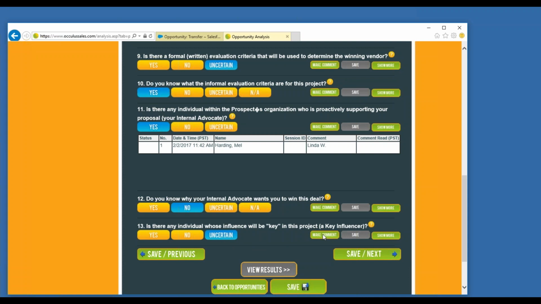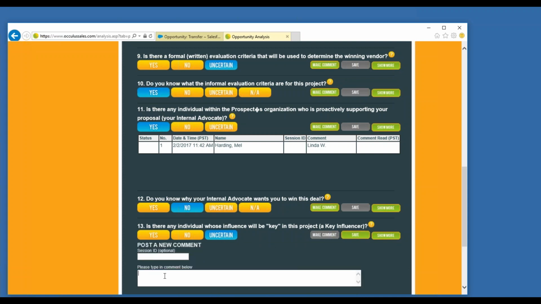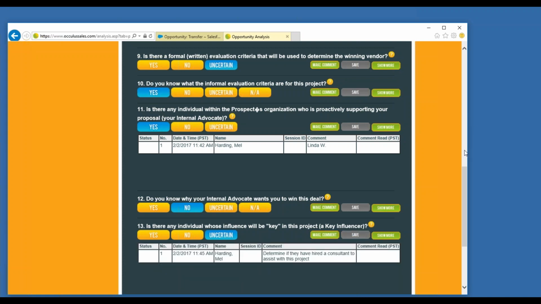I'm going to put an uncertain there, and I'm going to put a note here: determine if they have hired a consultant to assist. And that'll make sure I don't forget this.